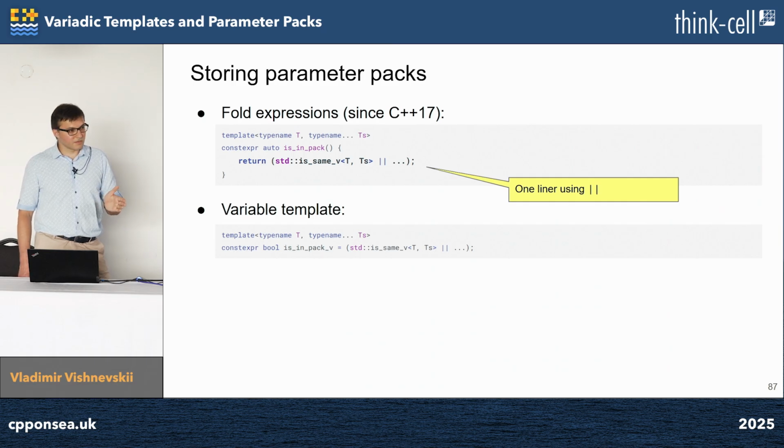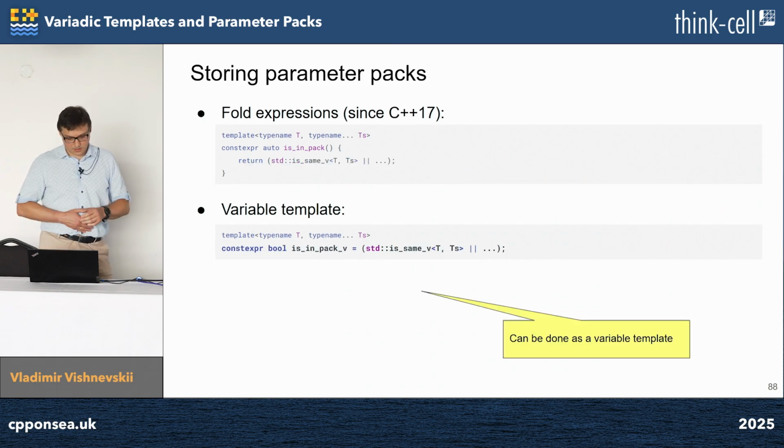This became much simpler now. And it can be even shorter if we use a variable template, so basically we can assign a constant to the result of the evaluation of the expression here.